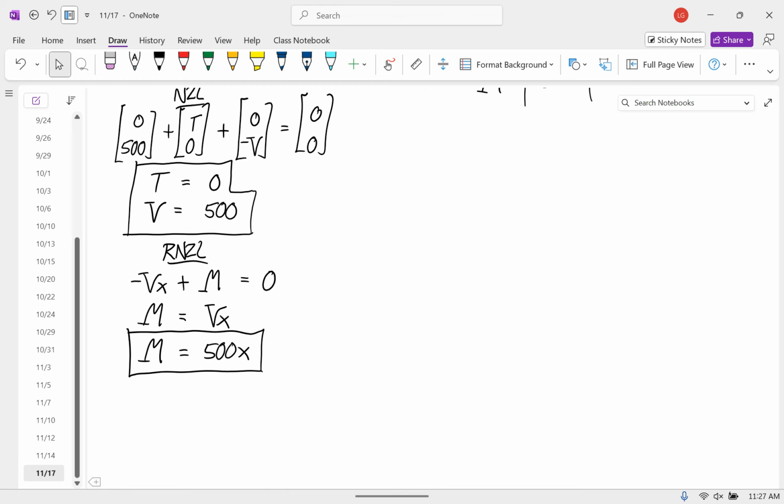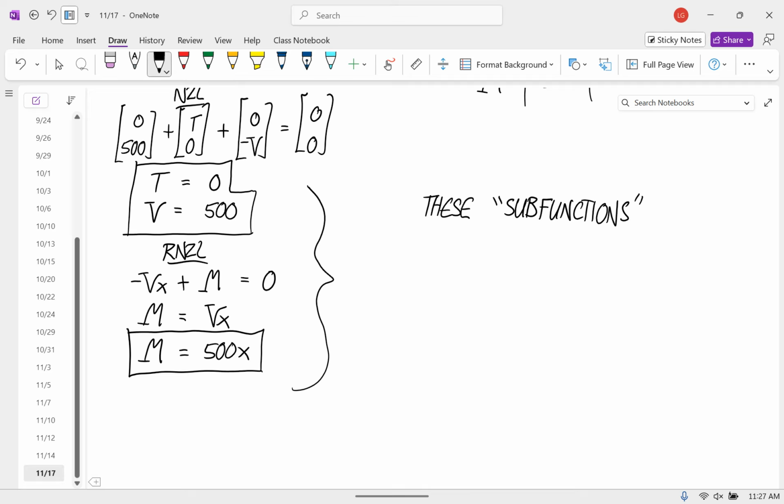Okay, so these are valid. And I'm going to call these subfunctions. Anyone remember the term subfunctions when you saw those?